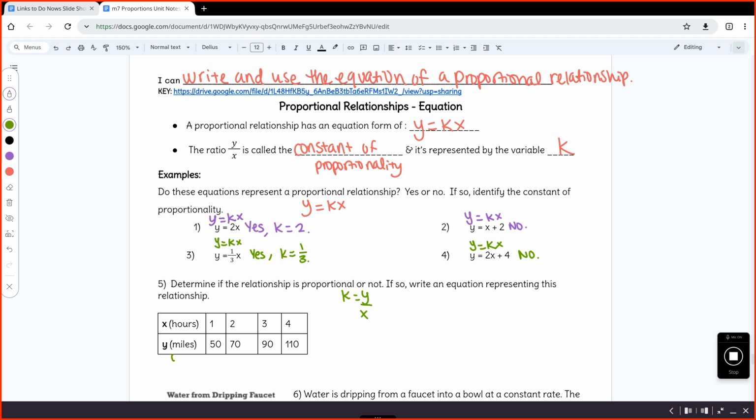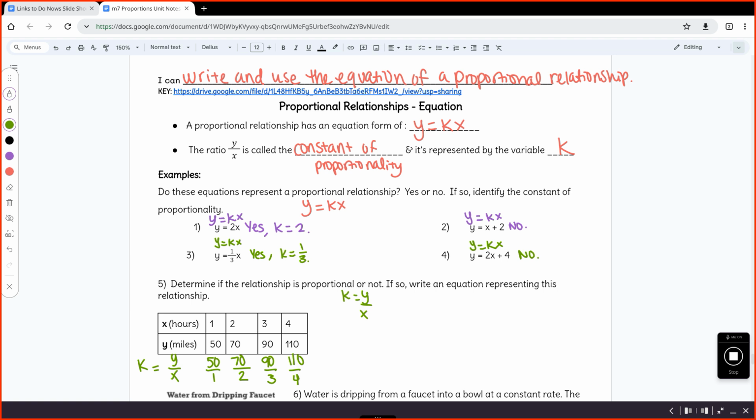So here if we do y divided by x, that's how we find k. Here we have 50 divided by 1, 70 divided by 2, 90 divided by 3, 110 divided by 4. 50 divided by 1 is 50. 70 divided by 2 is not 50. So because these ratios are not equal, there is no constant of proportionality.